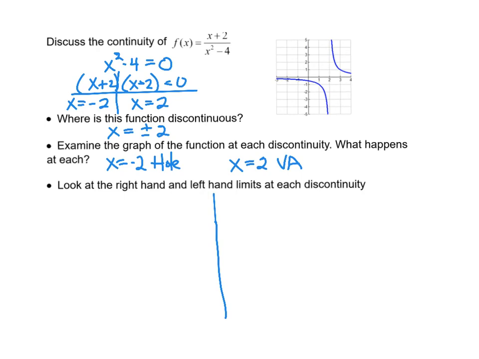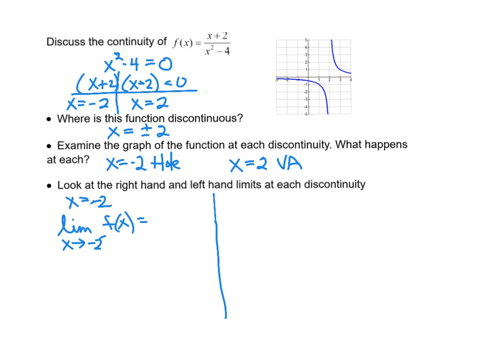So at x equals negative 2, let's do the limit as x approaches negative 2 from the left of this function. Now, as I'm approaching negative 2 from the left, it may be a little bit difficult to see what this function is actually approaching.